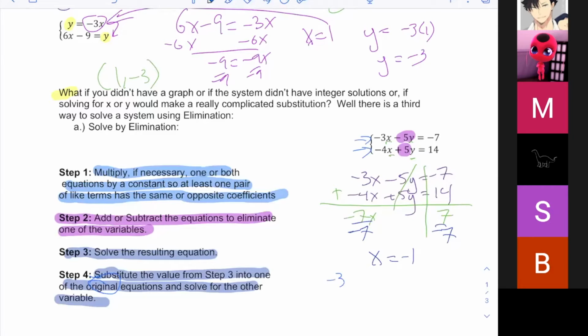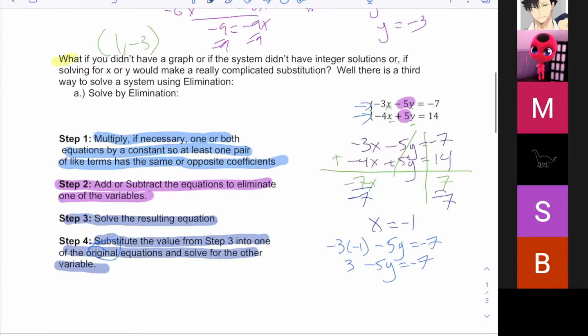So negative 3 times negative 1 minus 5y is equal to negative 7. This is positive 3 minus 5y is equal to negative 7. Subtract 3 from both sides. Negative 5y is equal to negative 10. Divide both sides by negative 5. Y is equal to negative 2.